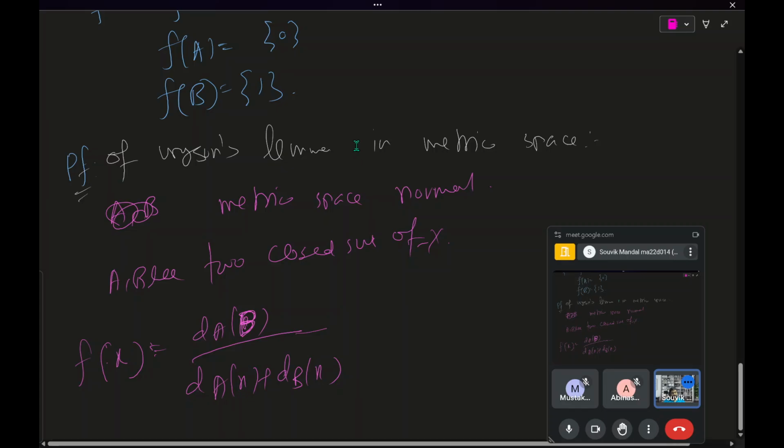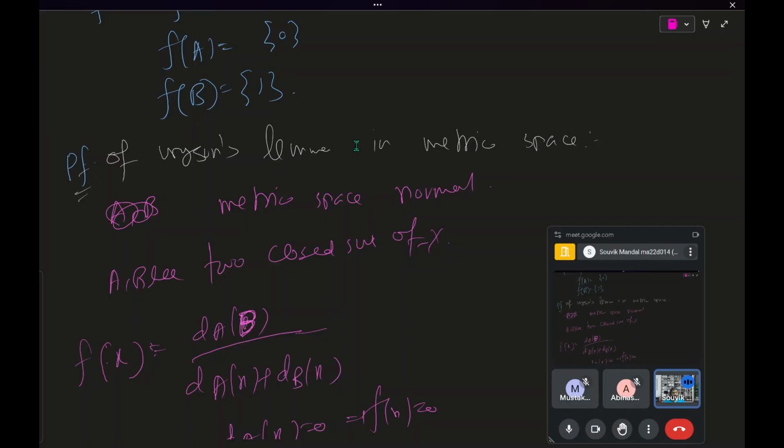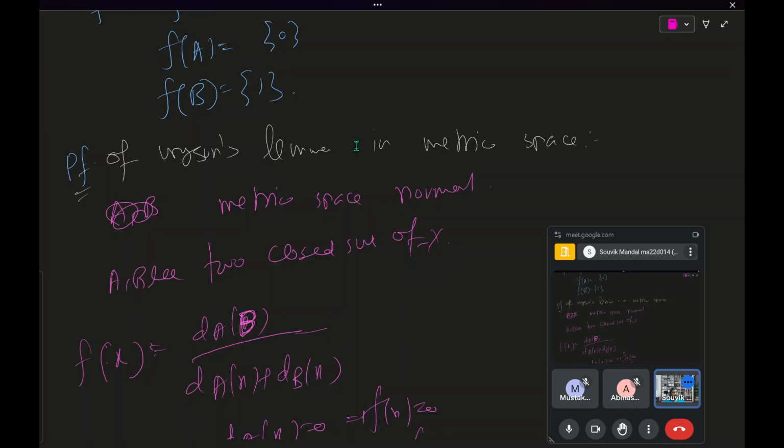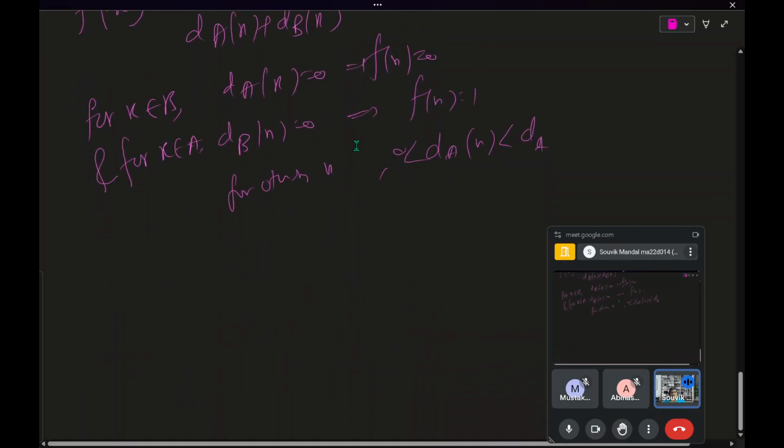Then clearly for x belonging to B, d(B,x) equals 0, which implies f(x) equals 0. And for x in A, d(A,x) equals 0, and this implies f(x) equals 1. And for other x, of course, 0 is less than d(A,x), which is less than d(A,x) plus d(B,x), so the division is less than 1.